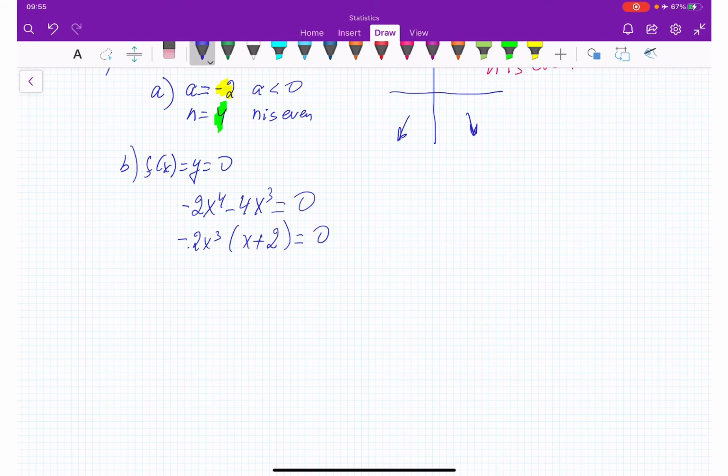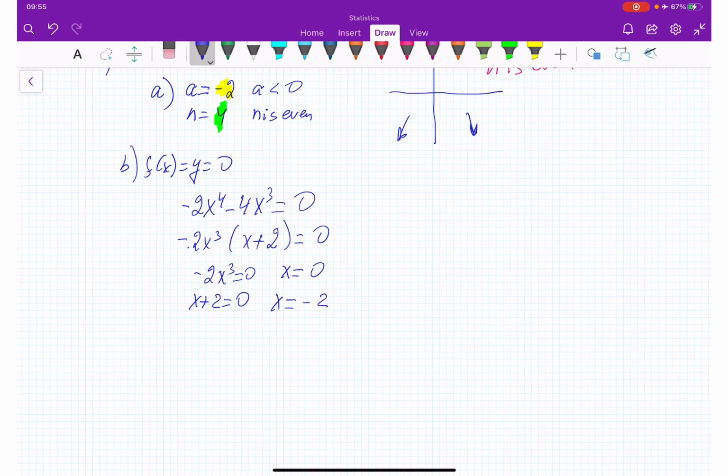It was negative 2x to 4, negative 4x cubed. So in parentheses it will become positive because I took the negative sign out. All right? And what do we get? Negative 2x cubed equals 0. From here, x is equal 0. Or x plus 2 is equal 0, which means x is equal negative 2.